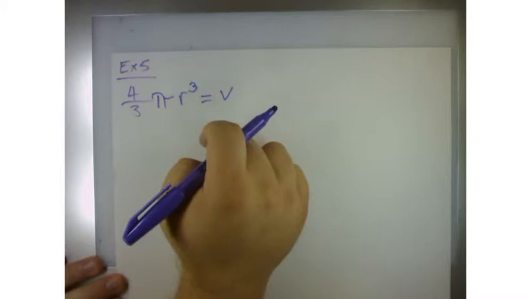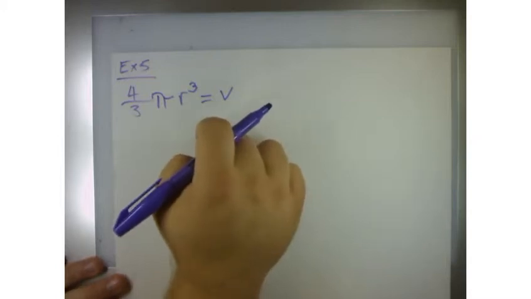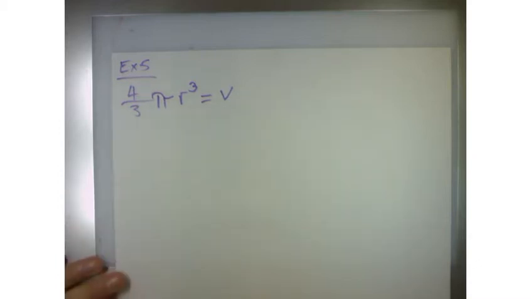Because it's talking about the volume, and our final question was to write an equation that gives radius as a function of time, let's solve this for the radius and see what we get.